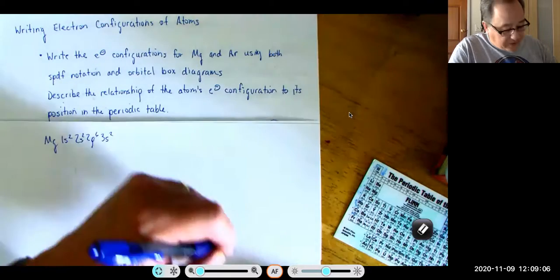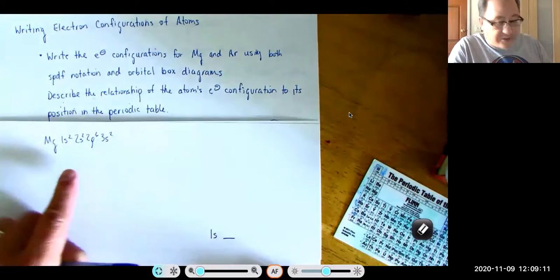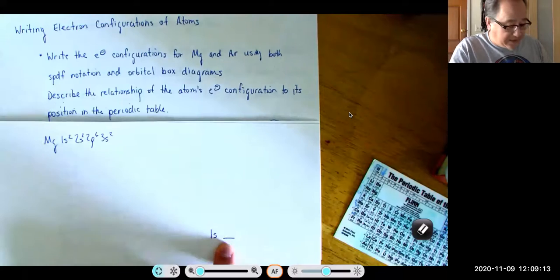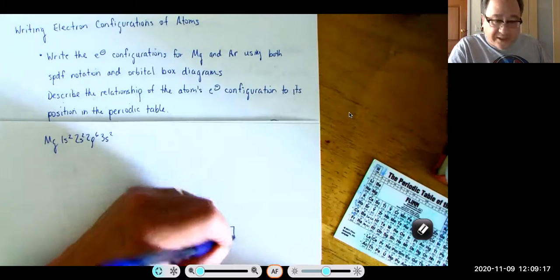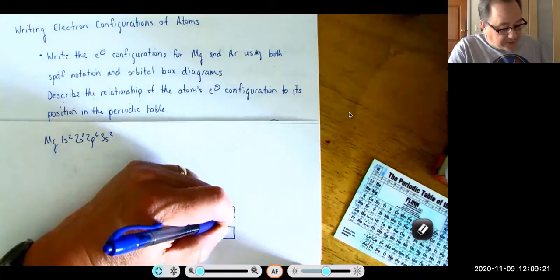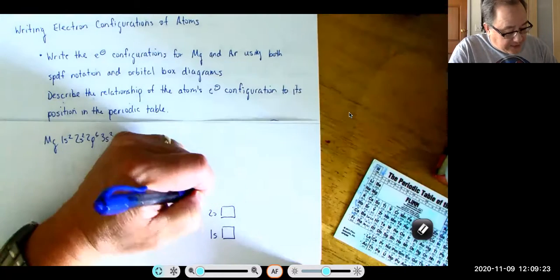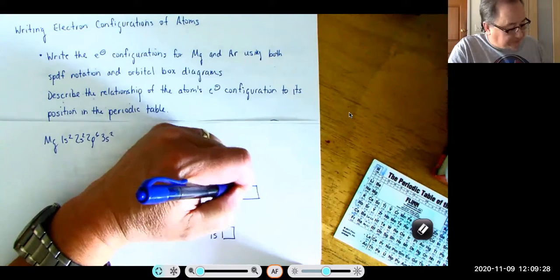Nonetheless, if we look at the stability order, here is the 1s subshell right there. The 1s subshell has only 1 orbital in it, and that's what that line represents. Sometimes people draw a box there. The 2s has 1 orbital, so there's the orbital. The 2p has 3 orbitals, so you draw 3 boxes.